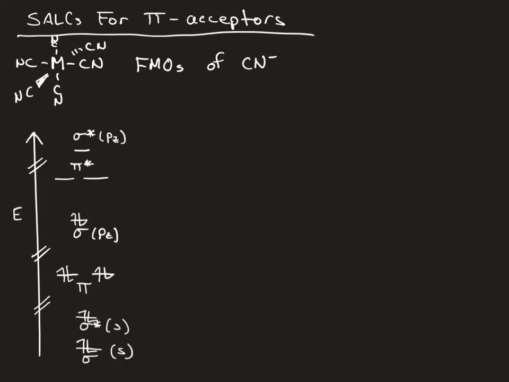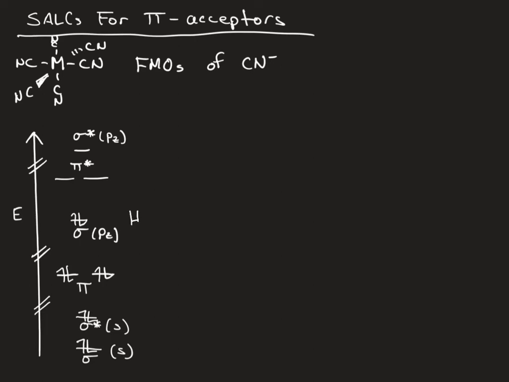Here is a qualitative MO diagram for the cyanide anion, and what we have as our frontier molecular orbitals is this sigma type orbital formed from 2pz, 2pz overlap, and this pi star LUMO formed from px and py overlapping.